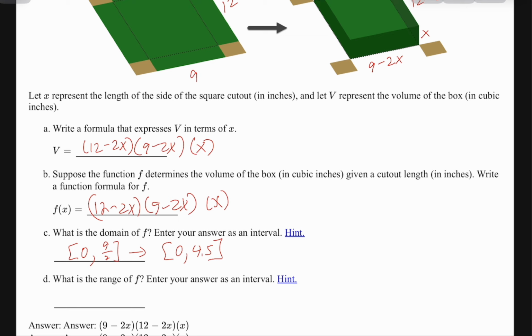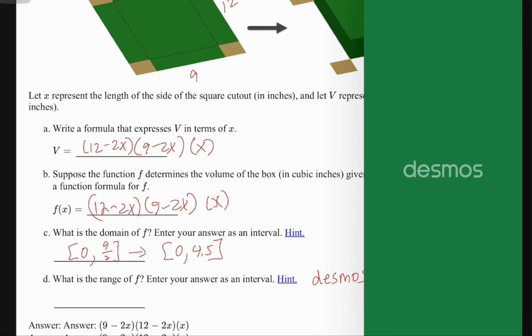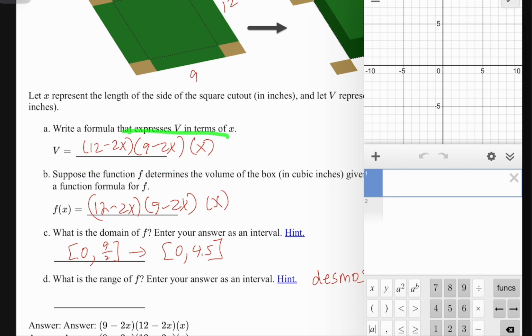Now let's think about the range. The range for this, you want to put that into Desmos, okay? So at this time, I'm going to open up Desmos, and I am going to put in this equation, just this portion right here, okay?